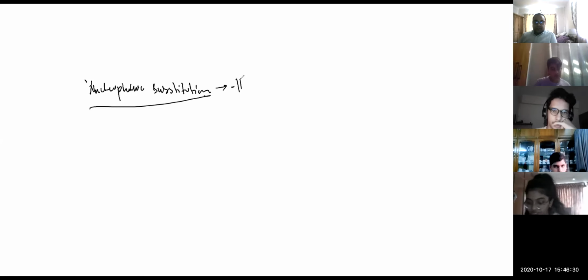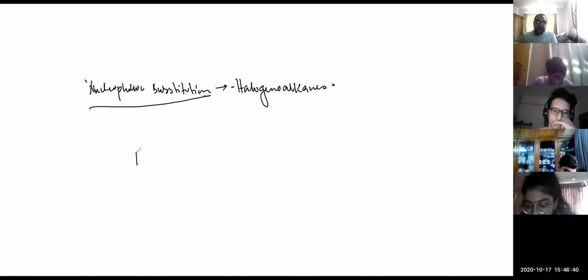In which compounds does nucleophilic substitution happen here? Halogenalkanes. So for a halogenalkane, we have a carbon in the center, for example, hydrogen, hydrogen, hydrogen, and a Cl.